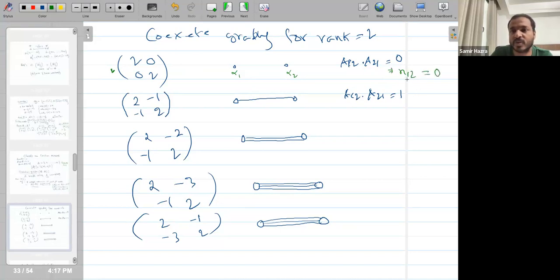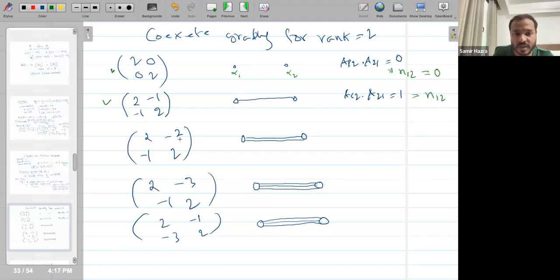So basically, between the first and second vertices, there is no edge. Similarly, for this, a12 is -1, a21 is -1. So a12 times a21 is 1, which is nothing but n12, right? So basically between first and second vertex, there is only one edge. So this is one edge.